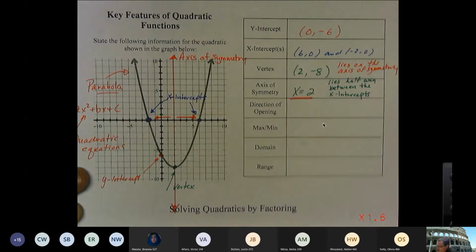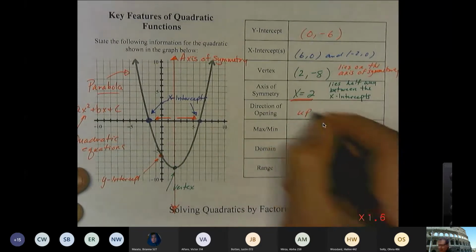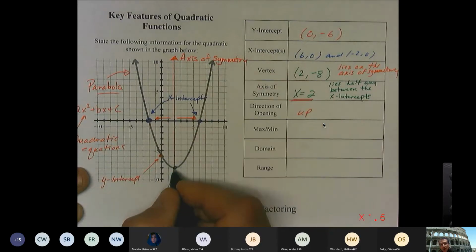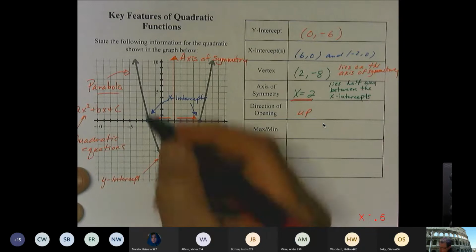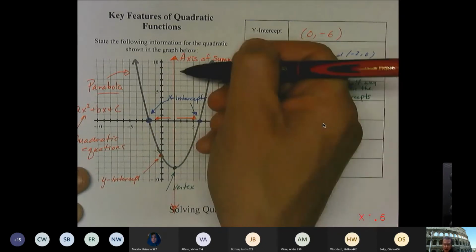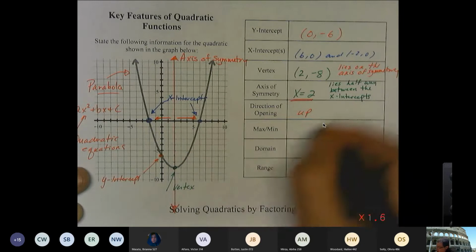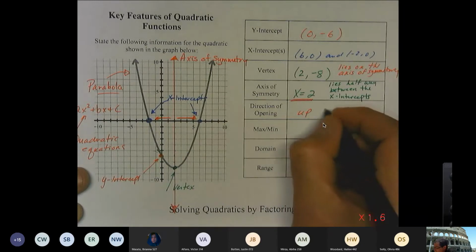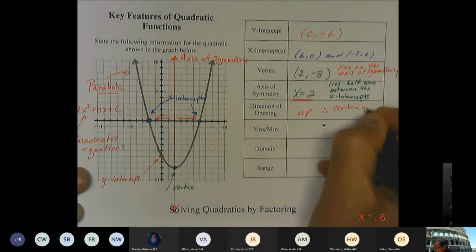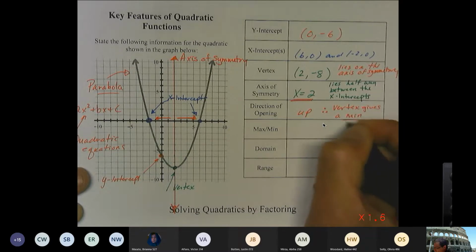Now for this one, the direction of opening is up. Because the direction of opening is up, this vertex gives you a minimum value. Every other point on the parabola is higher than this point. So it opens up, therefore the vertex gives a minimum point.